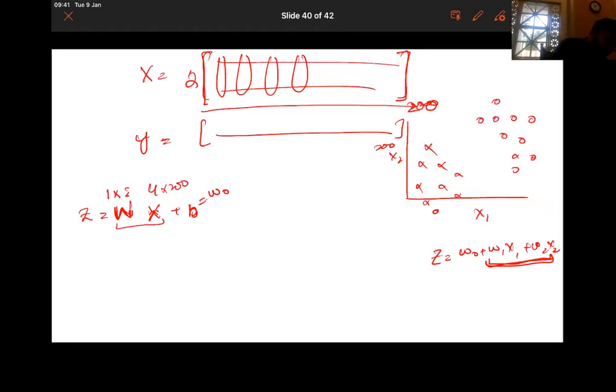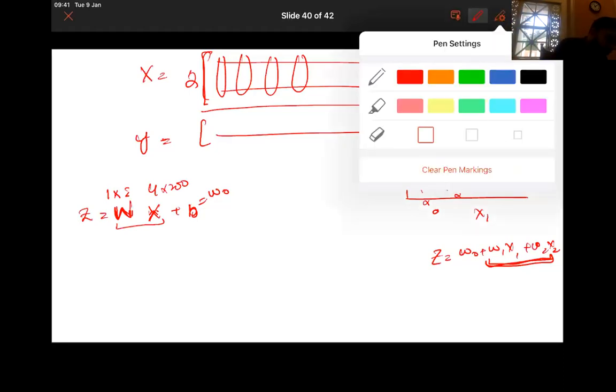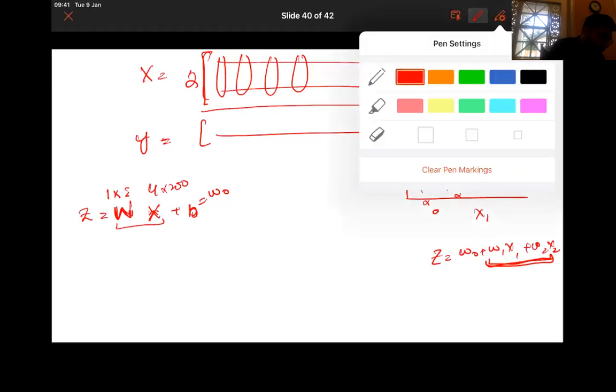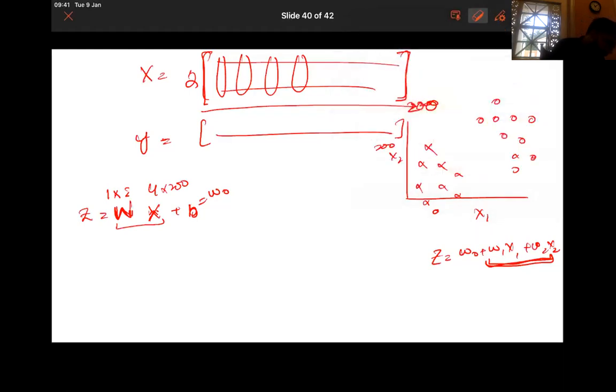So the number of columns of W are equal to the number of rows of X, and the number of rows of W are equal to the dimension of the output, which in this case is a scalar, so it's just 1. So it's 1 times 2 and 2 times 200. Okay, the rest of the things are fairly straightforward.